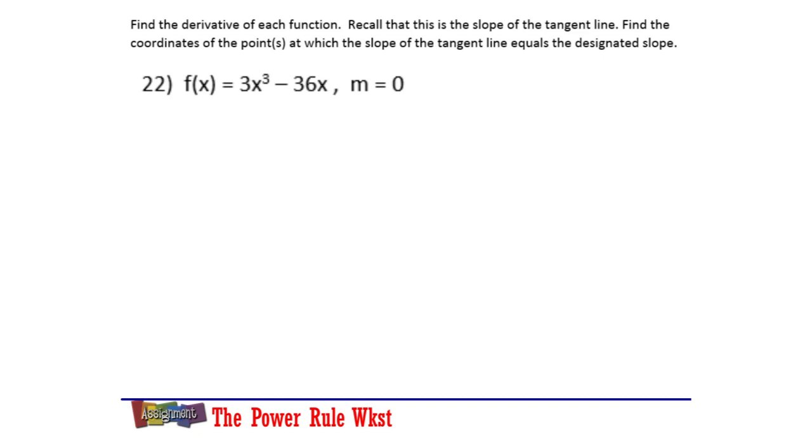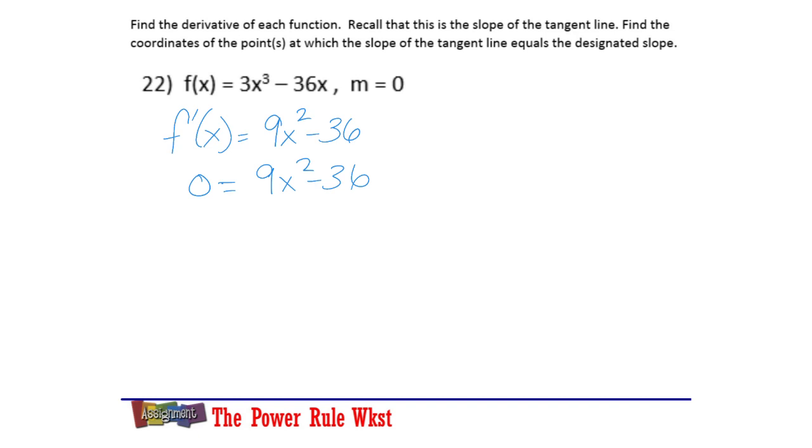All right, so let's start off. Let's go ahead and do our derivative. Okie doke. Now, what they're saying is they want to find where that slope equals 0. Well, I'm just going to set it equal to 0, and then solve for x, and that would be where it happens.